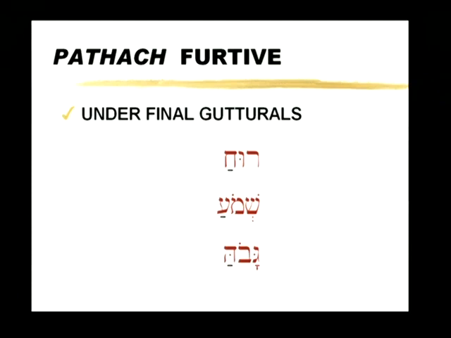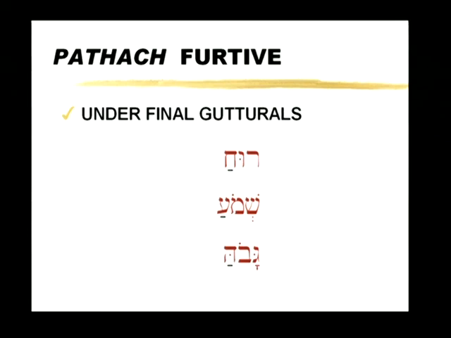Shemoach. Why is the schwa vocal on the second word? It starts the syllable or starts the word, so it's vocal. And it's shemoach. And this is a one-syllable word because the schwa is a half vowel and cannot form a syllable. And when you have a final letter that is a guttural, the last letter of the word is a guttural and has a pathak under it, that is a half vowel.